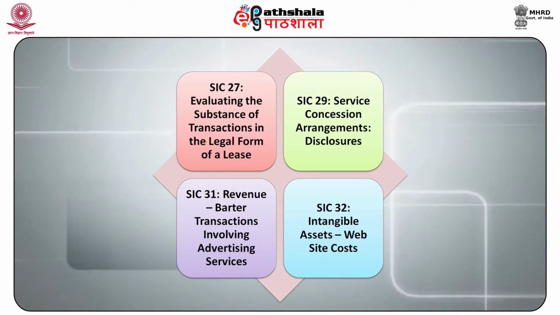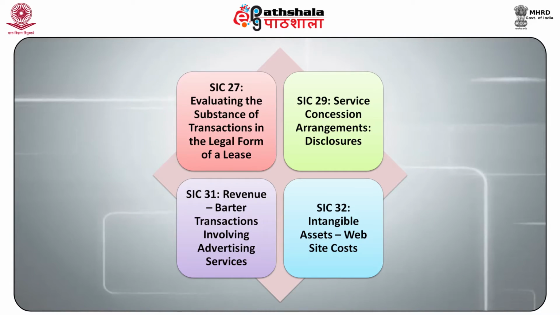SIC 32, Intangible assets: website costs. Note, SIC 1, 2, 3, 4, 5, 6, 8, 9, 11, 12, 13, 14, 16, 17, 18, 19, 20, 21, 22, 23, 24, 26, 28, 30 and 33 have been superseded.